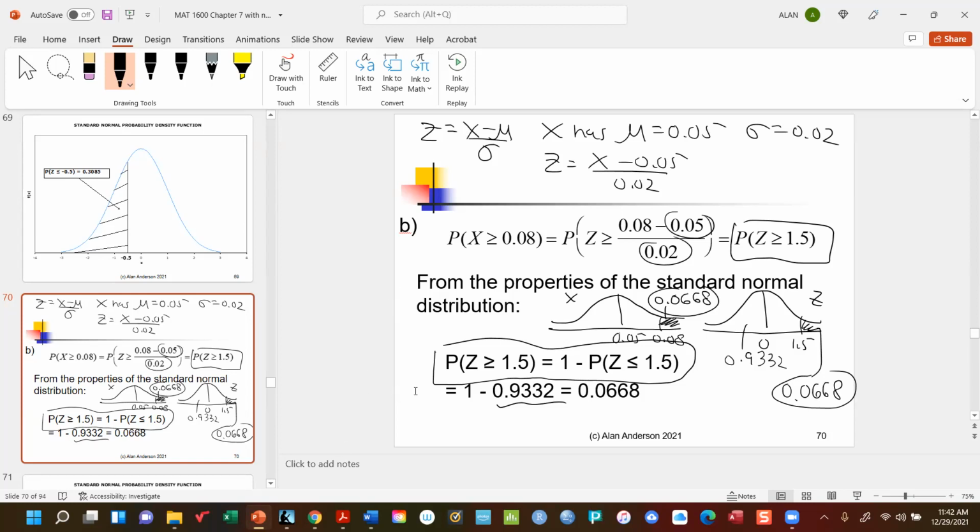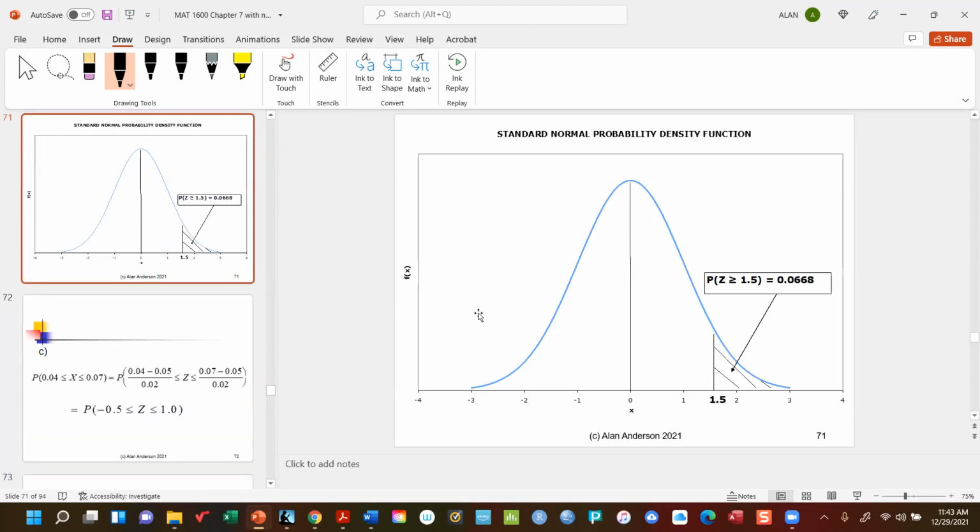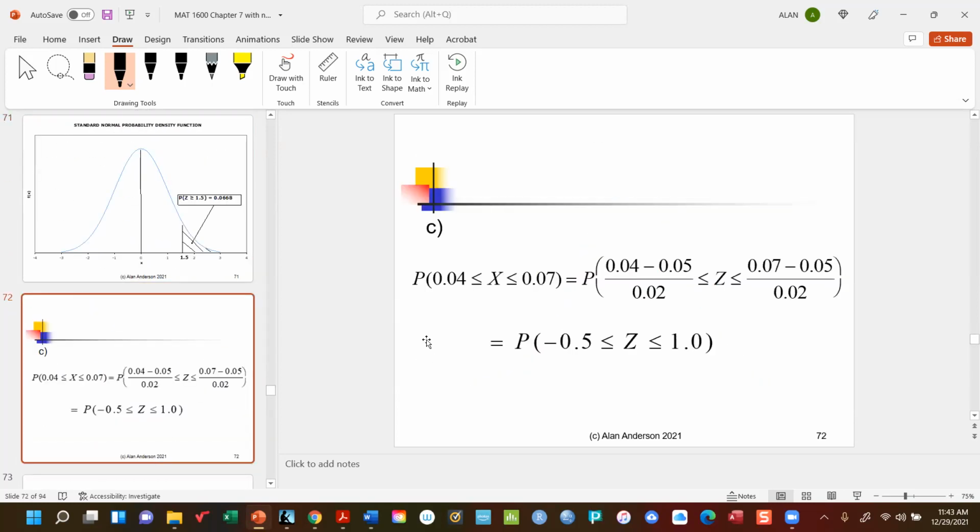All right, now the last one will involve in between 4 and 7. So we apply the same formula, subtract these values and divide by these two.